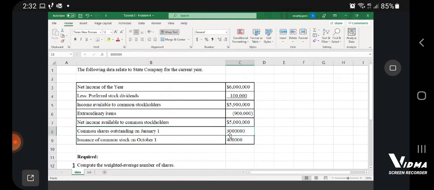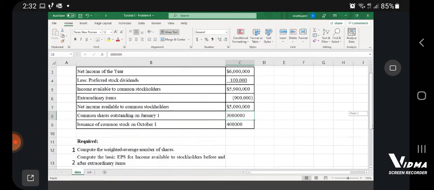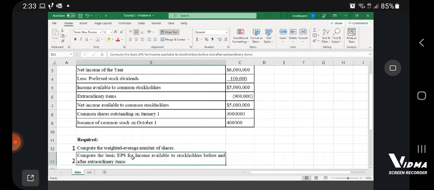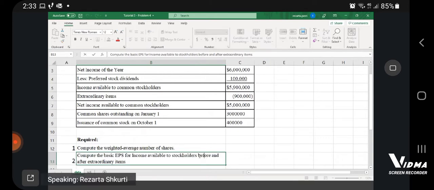Again, we have common shares in the beginning of the period, 3 million, and then we have 400,000 issued on October 1st. We are required to calculate the weighted average number of shares and then to calculate the basic earnings per share for income available to stockholders before and after extraordinary items. I would just like to remind you of something.